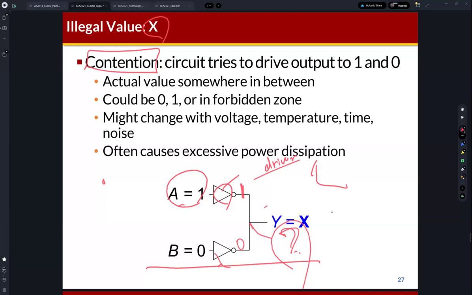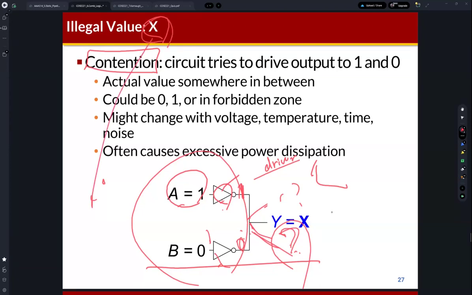So for a stable system, we need to define a very clear logic, right? But what's the problem? For this circuit, if this driver's output is 1 and this driver's output is 0, then you don't know the value. So we need to avoid this situation. In order to represent this situation, we can use the symbol X, okay?